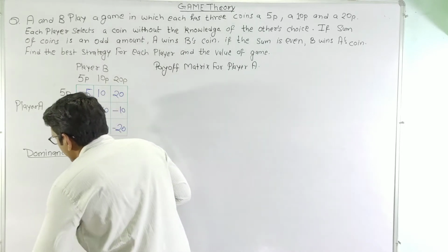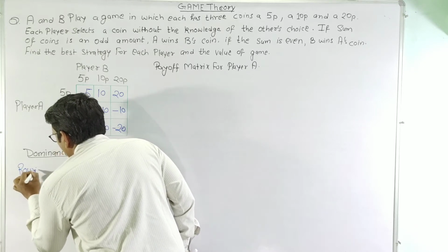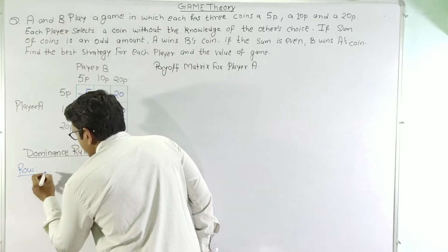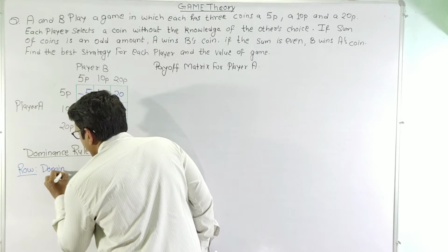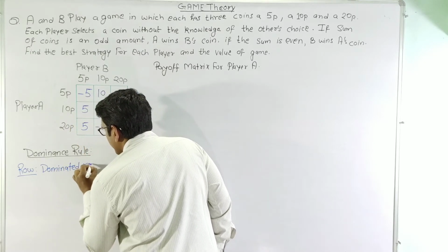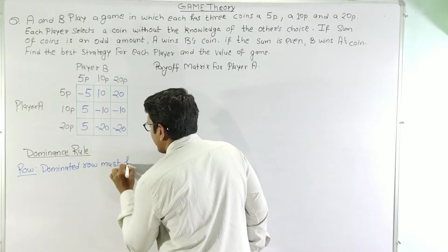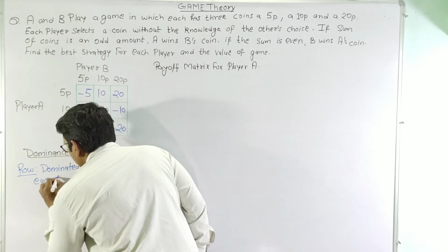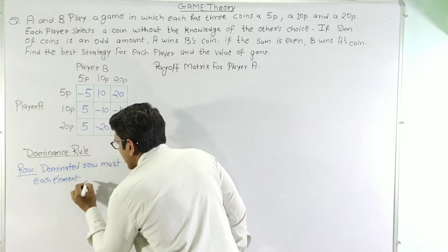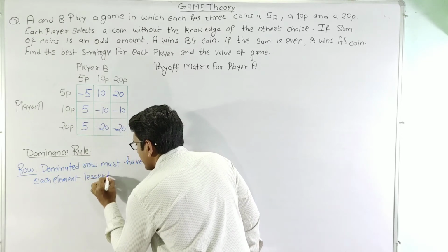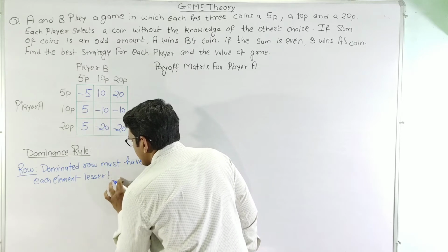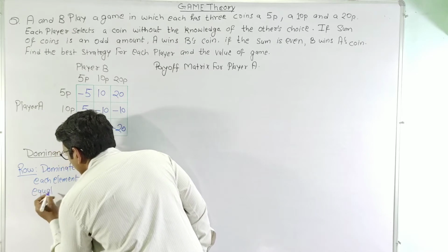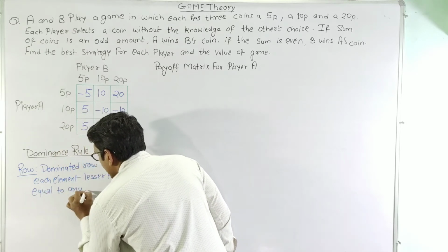So we can write here, in row domination, the dominance rule can be like this: the dominated row must have each element lesser than or equal to any other existing row.